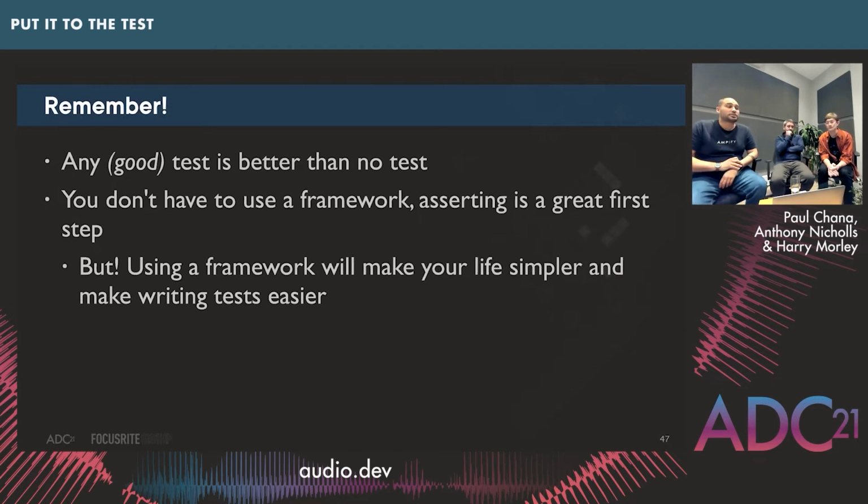It will make adding new tests easier. It'll let you do a lot of stuff like automatic reporting in CI. So if your options are no tests or an assert, go with the assert. If your options are that you've got time to look at a framework, go with that.